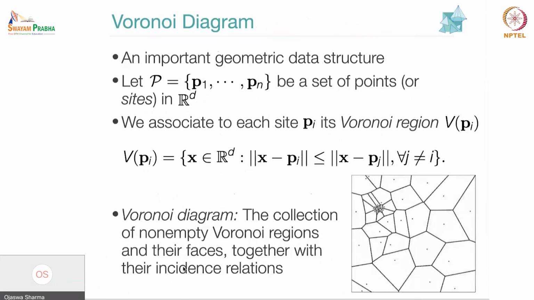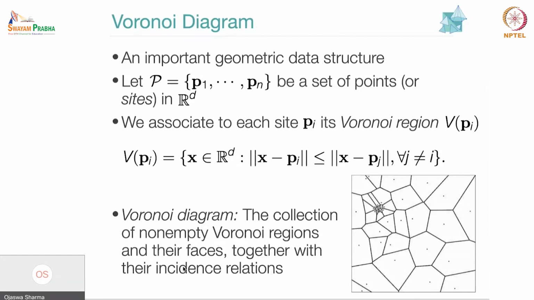Let's come to the dual of Delaunay triangulation, which is again a very well-known data structure. In fact, a very powerful data structure. Given a set of sites, a set of points in R^d space, we associate to each site Pi its Voronoi region, V(Pi).